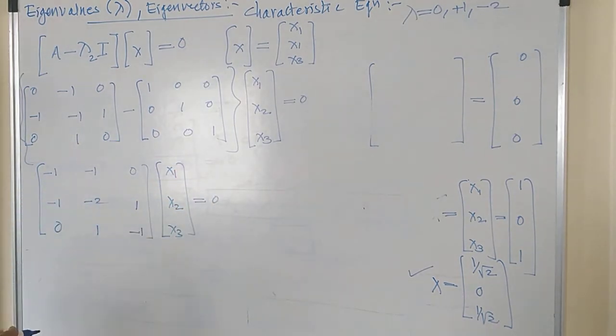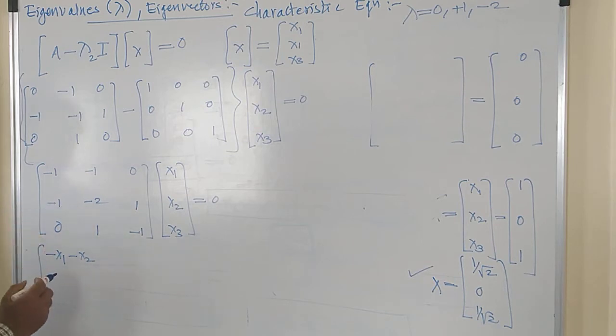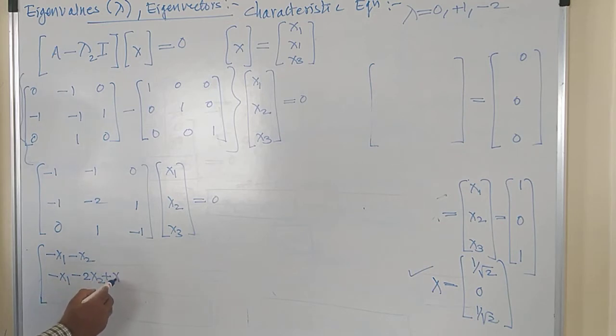Now do this multiplication and equate with 0. If you multiply this, you will get minus 1 times x1 minus x2 and 0 times x3, minus x1 minus 2 times x2 plus x3, and x2 minus x3, equals to 0.